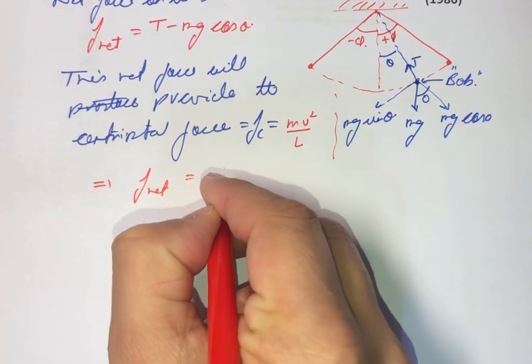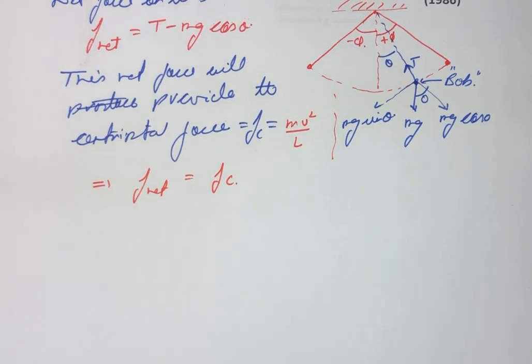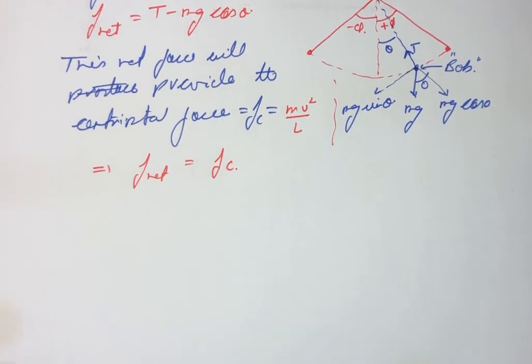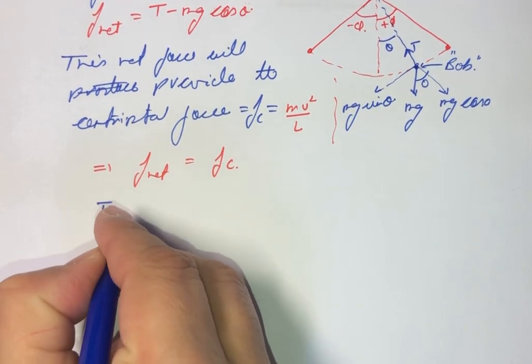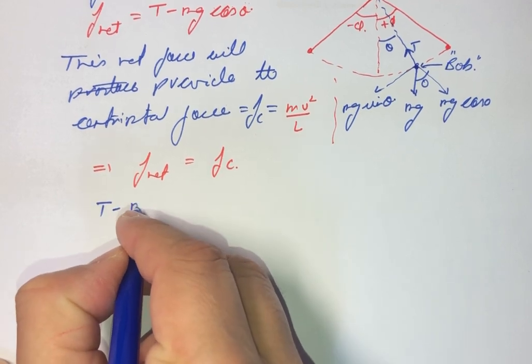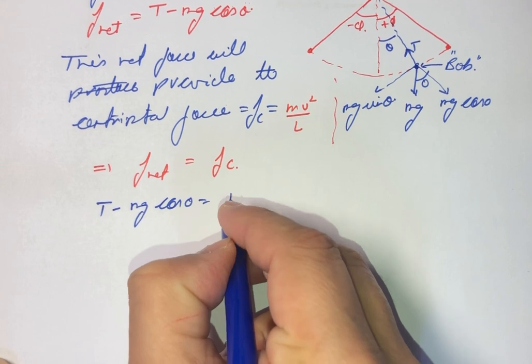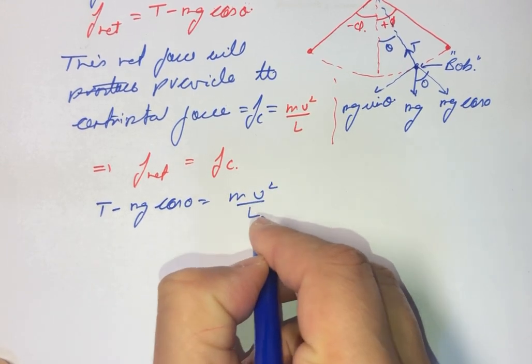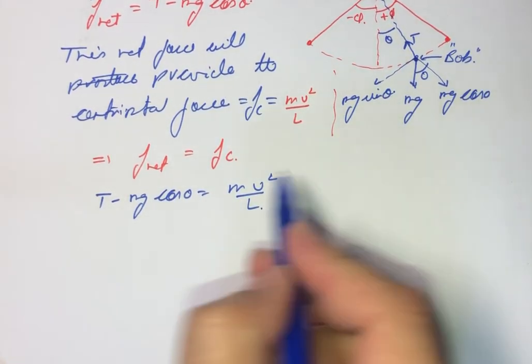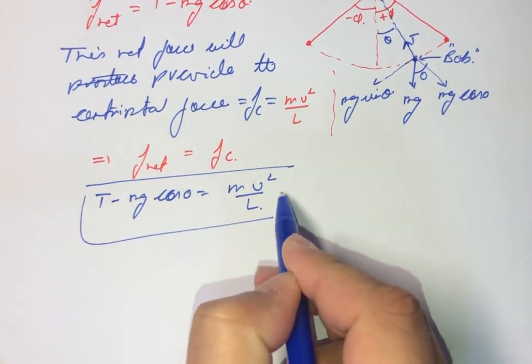Substitute the values, T minus mg cos of theta is equal to mv square upon L. So this is the first relation.